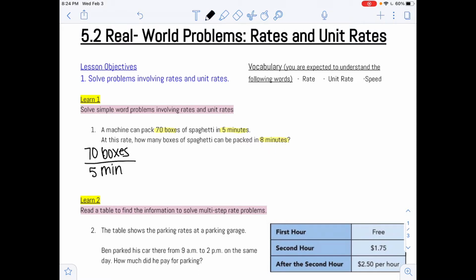So let's first start by finding a unit rate. To do that, remember we take our top number divided by our bottom number. When we take 70 divided by 5, we find that 14 boxes can be packed per minute. So again, that is our unit rate.